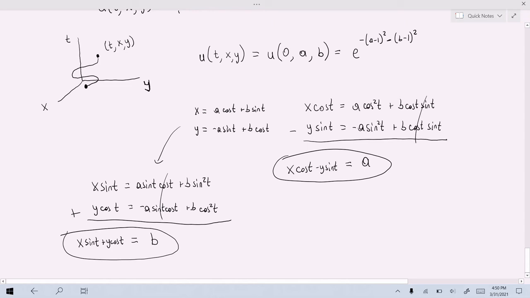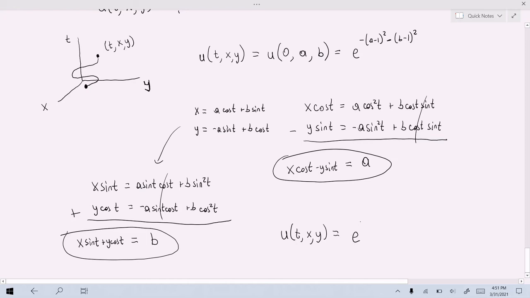So finally, we can plug these expressions in for a and b up here, and that will give us the solution to our initial value problem in terms of t, x, and y.